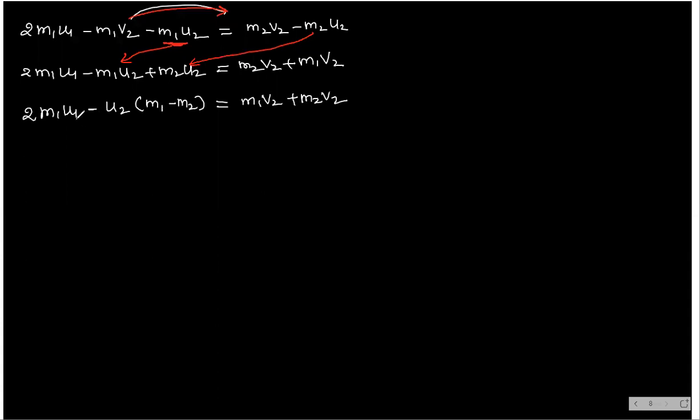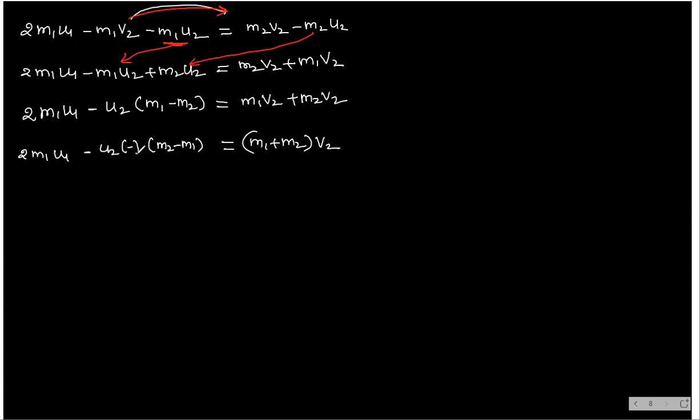Now okay, see now I am taking common V2 from here, M1 plus M2 into V2, and here 2 M1 U1, this minus U2, and again I am taking minus common and I am writing M2 minus M1.